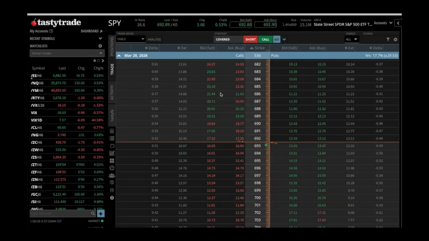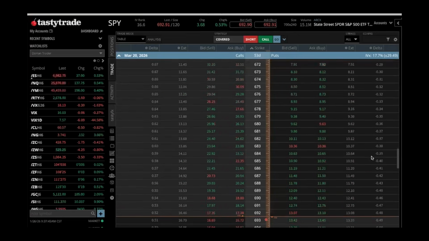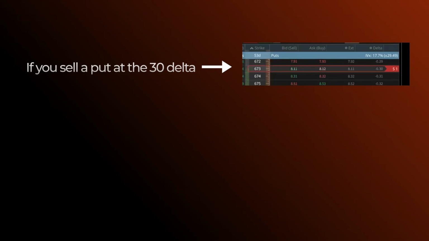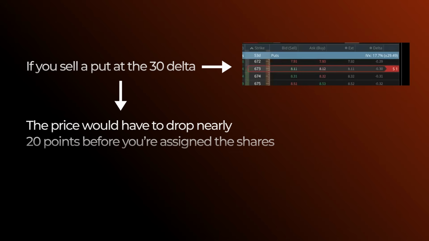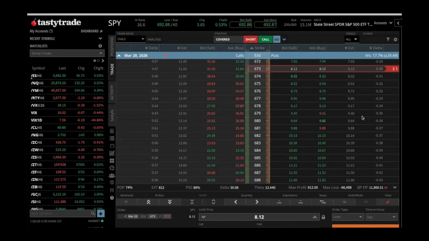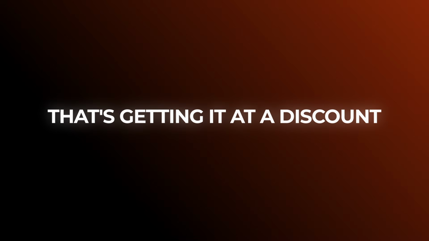So for example, this SPY is currently trading at almost basically 693. If you sell this cash secured put at the 30 delta here, well, that's darn near a 20-point drop it has to do. They just round it up and say 20-point drop. Literally, it's basically a 20-point drop it would have to do before you have to take ownership of those shares. That's getting it at a discount.